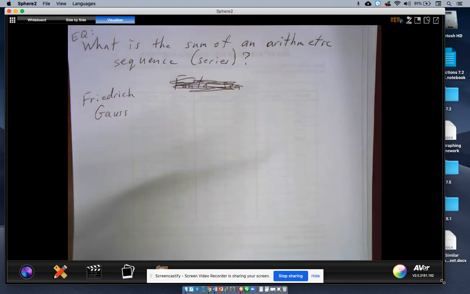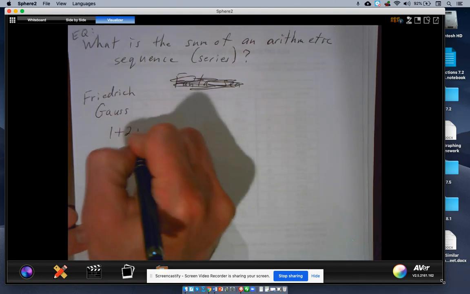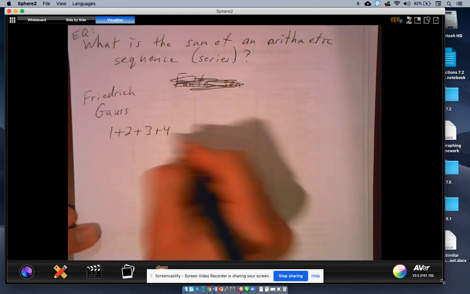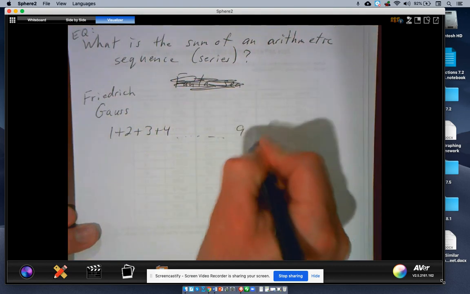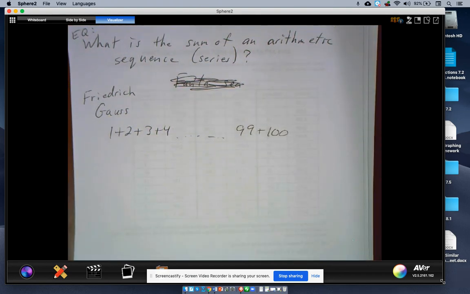He lived in the late 1700s, and his teacher was a little upset with him because he goofed around in class, just like some of you do in my classes, and said, "Why don't you go add up the numbers from 1 to 100?" So the teacher's like, oh yeah, I go 1 plus 2 plus 3 plus 4, start adding those all the way up to 100. And Gauss said, okay. So he went and sat down, and he was a brilliant mathematician.